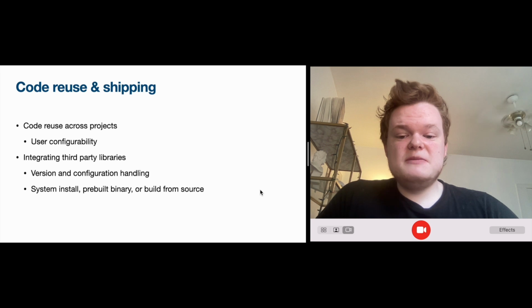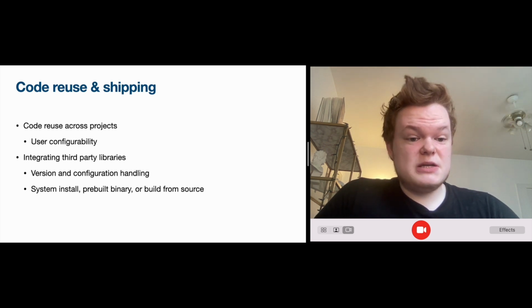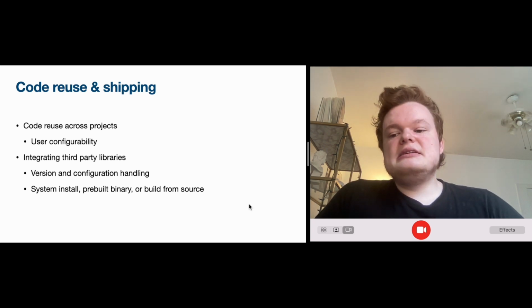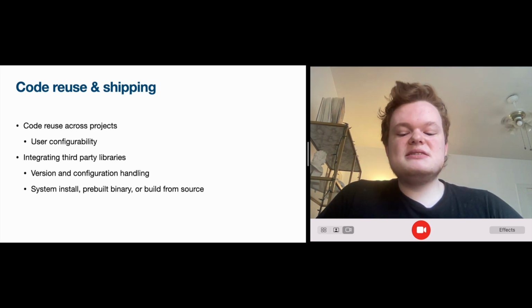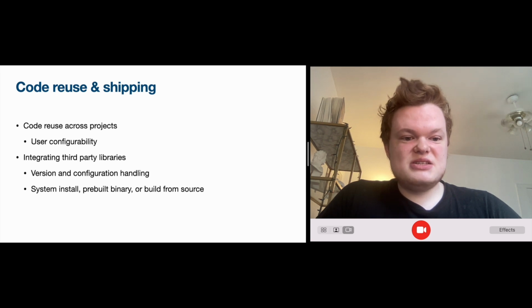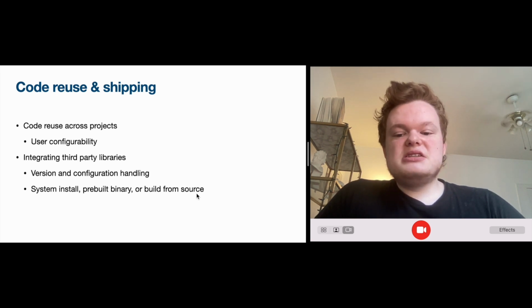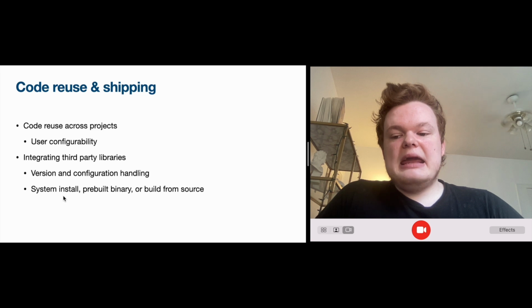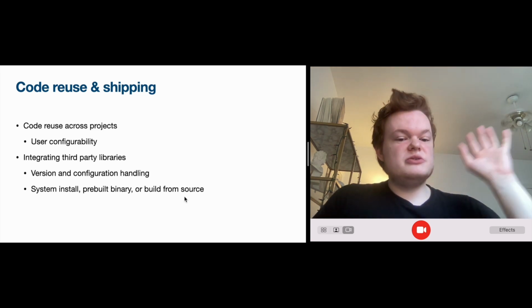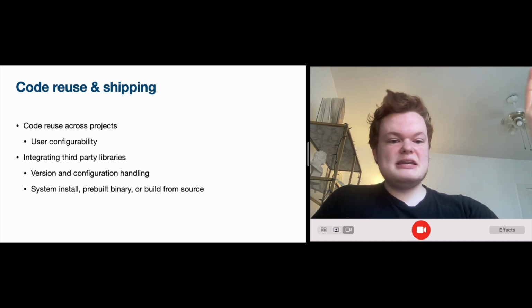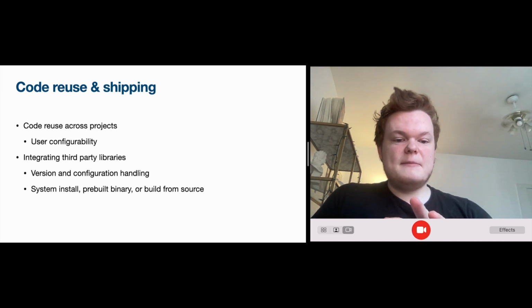Or you can actually build these dependencies from source if you want to. And the cool thing about this is that as far as the consuming CMake project is concerned, you don't really even need to know whether it's a pre-built binary or it's being built from source. All you need to do is tell CMake, my dependency is this library.